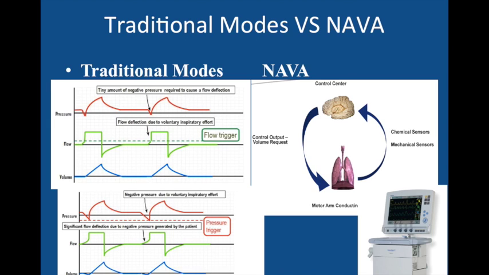The NAVA trigger can provide the earliest signal that can be registered with a low degree of invasivity, which is the excitation of the diaphragm. The excitation of the diaphragm is independent of the pneumatic influence and insensitive to the problems with pneumatic triggering techniques.